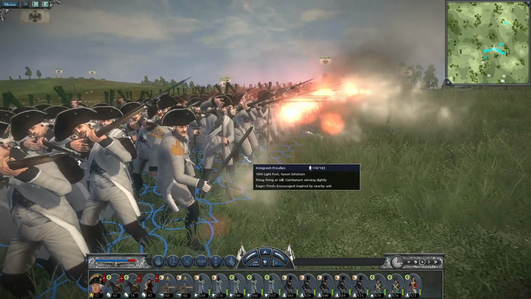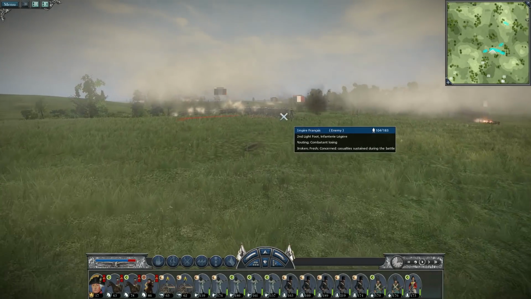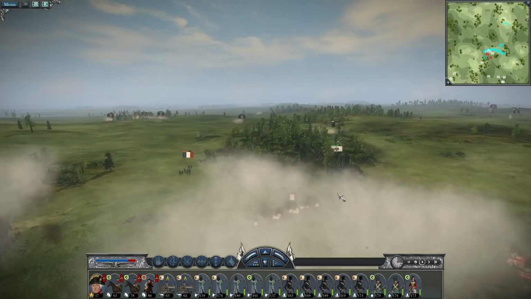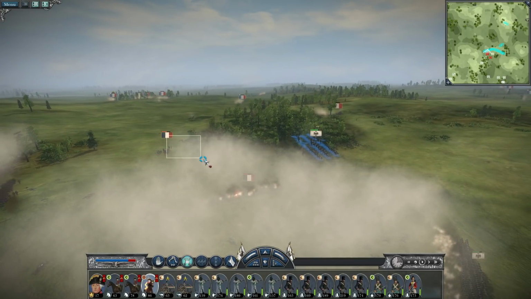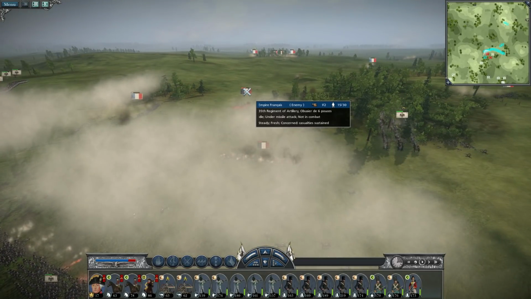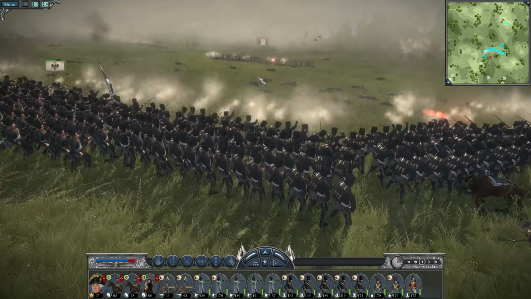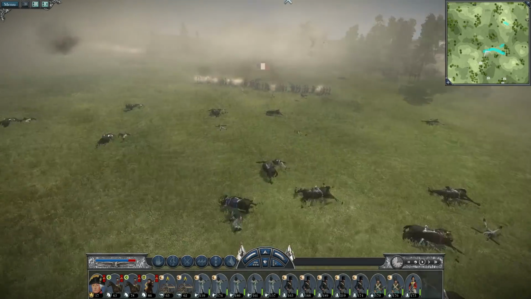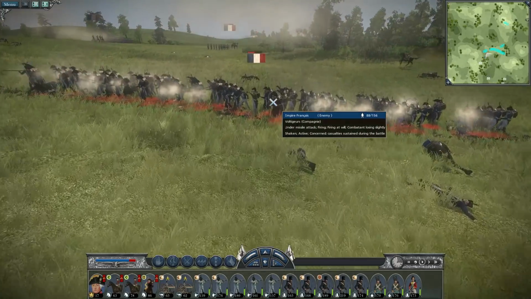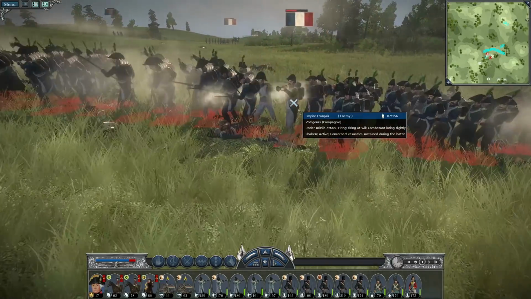Keep it up. I do believe I ordered you to charge that howitzer. There's not a lot of guys left in this line. It's so full of holes.